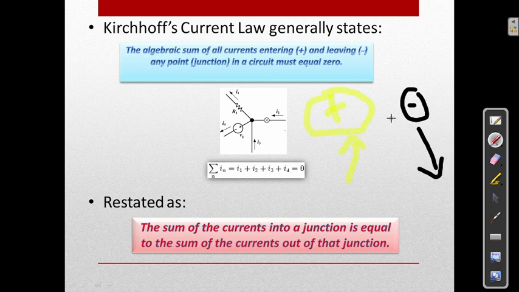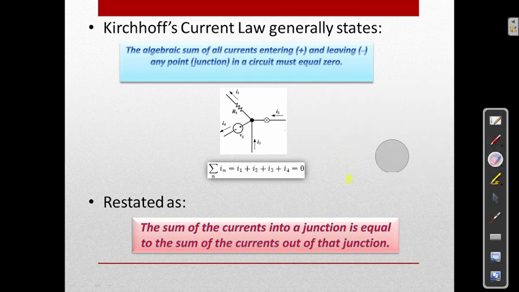The junction, as we said earlier, is a point that has more than one connection. Here you can see this junction point. This junction point has a resistance, and I3 also comes, the voltage source is leaving, and then the current I2 also comes. So for this, how can we write Kirchhoff's current law?